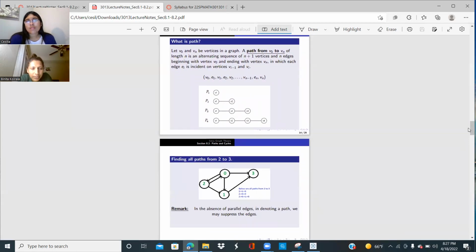What is a path? Let B sub 0 and B sub n be vertices in a graph. A path from B sub 0 to B sub n of length n is an alternating sequence of n plus 1 vertices and n edges, beginning with vertex B sub 0 and ending with vertex B sub n, in which each edge E sub i is incident on vertices B sub i minus 1 and B sub i. So here B sub 0, E sub 1, B sub 1, E sub 2, and so on.